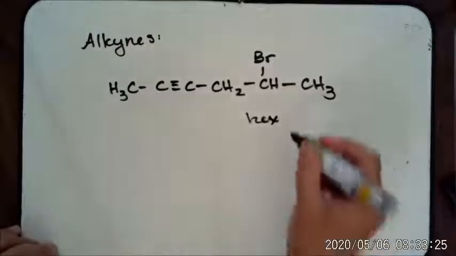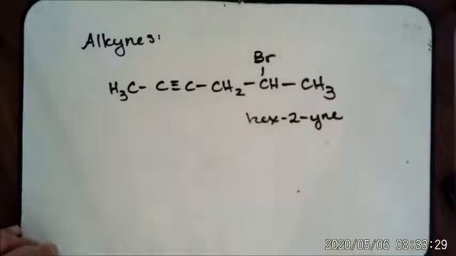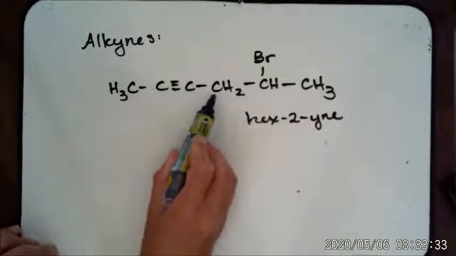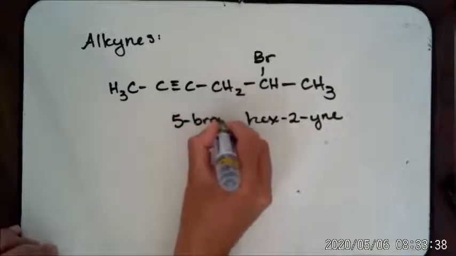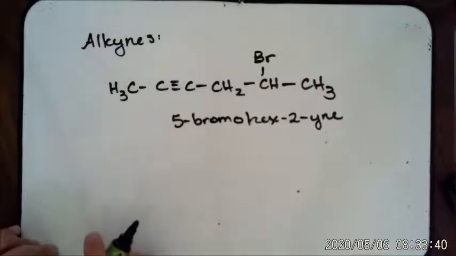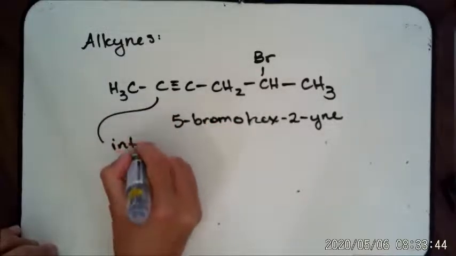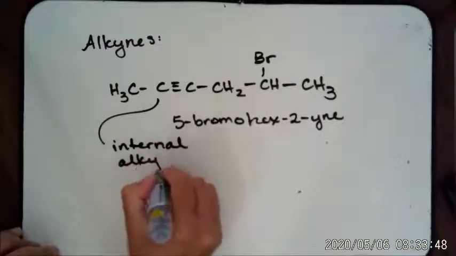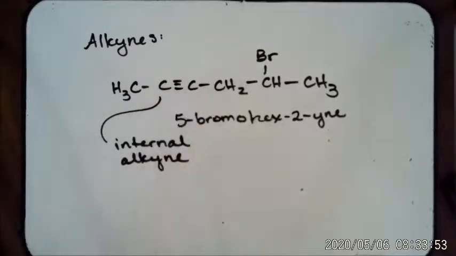We want that to be the smallest number. 2-yne. And then 1, 2, 3, 4, 5. So it's 5-bromohex-2-yne. And remember, this is an internal alkyne, so you won't see the alkyne C-H stretching on IR. You'll definitely see the C-Br stretching.